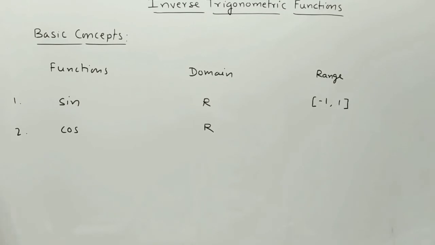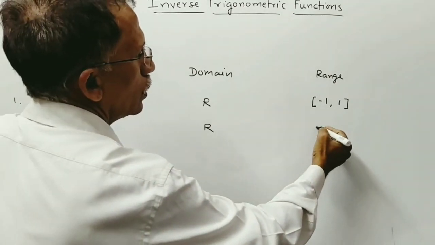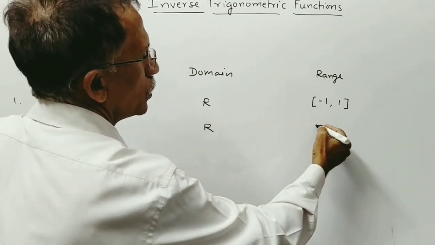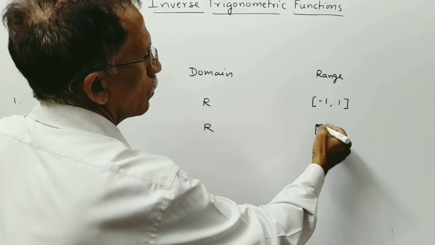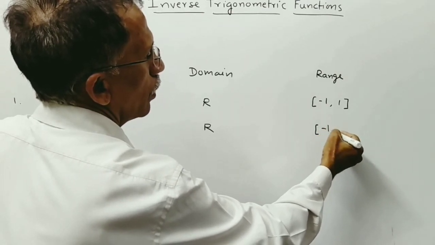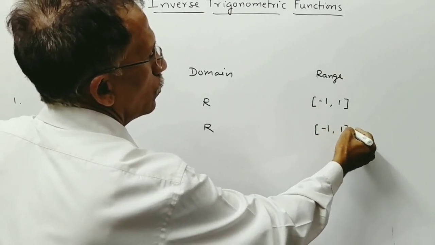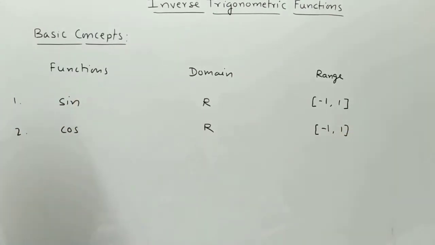Again, cos function values outcome lies between -1 and 1, including -1 and 1. So, range is closed interval -1 to 1.